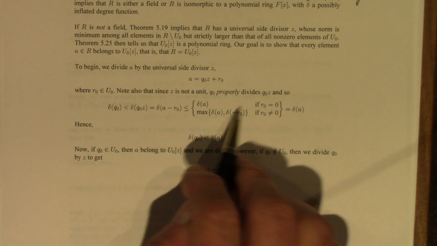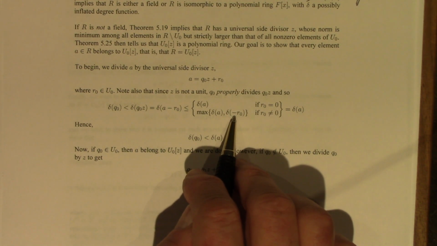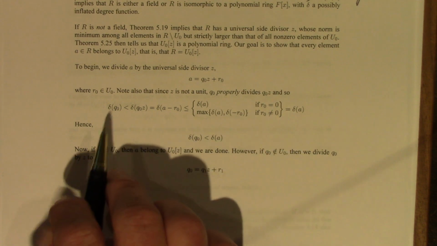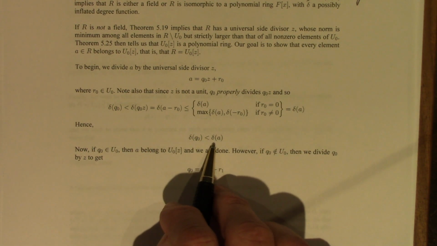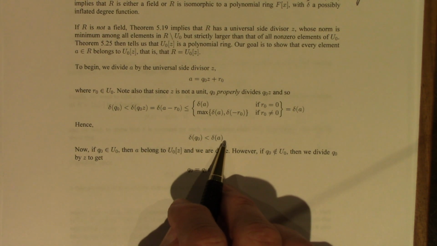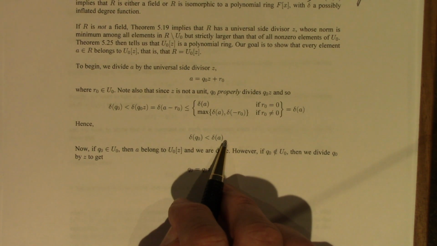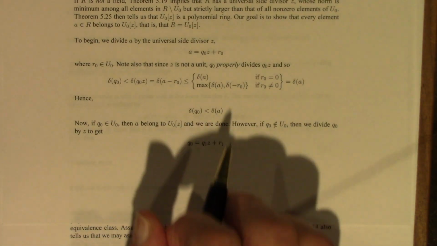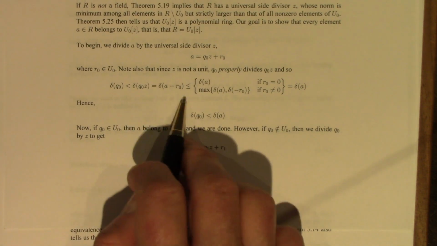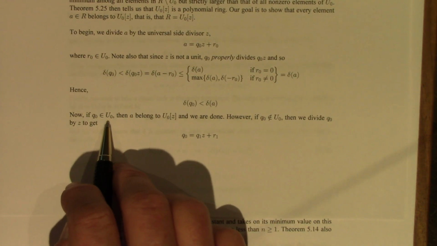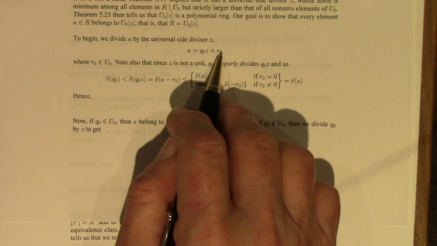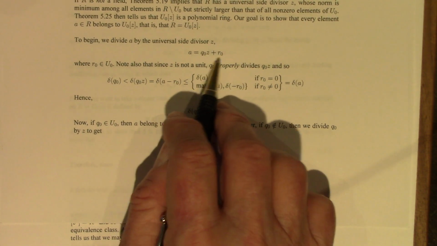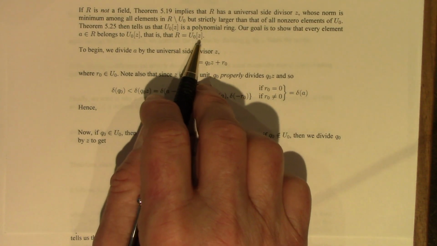So this maximum is also equal to delta A. So delta Q0, the norm of Q0, is strictly less than, that's important, the norm of A. Now, something I could have said before we went through this is that if Q0 is also in U0, as R0 is, then we're done, because we have A as a polynomial in U0 of Z.